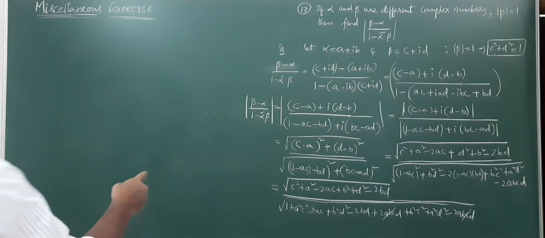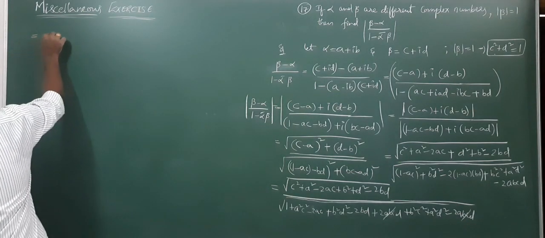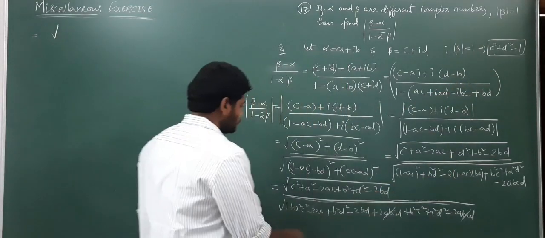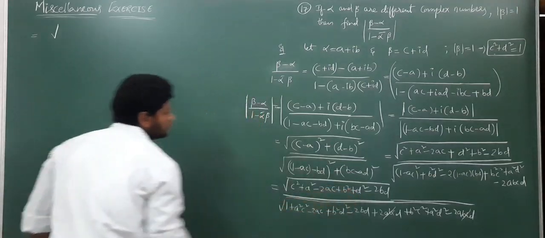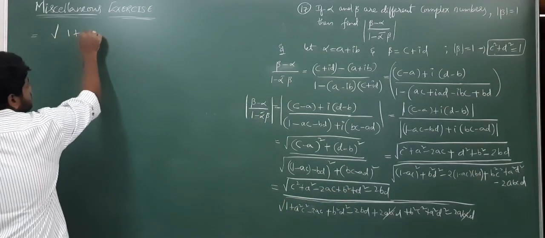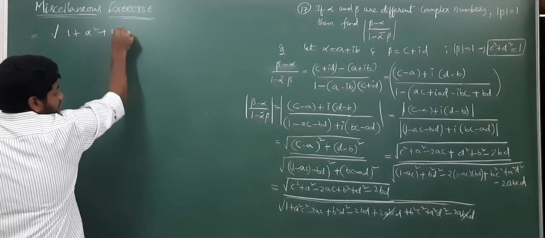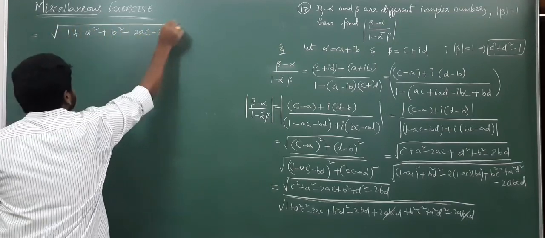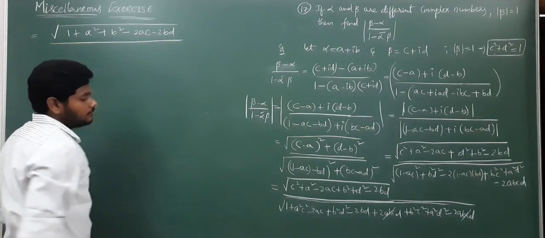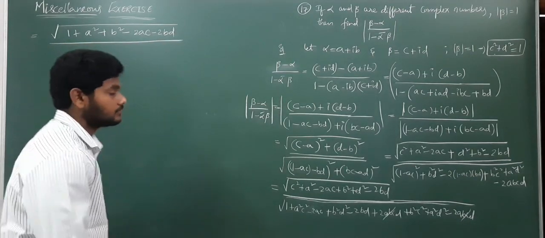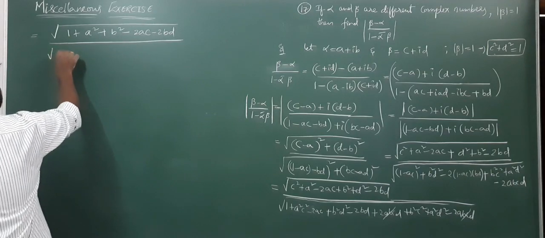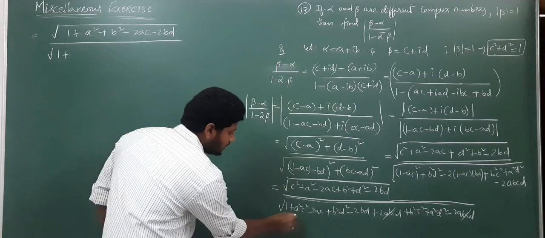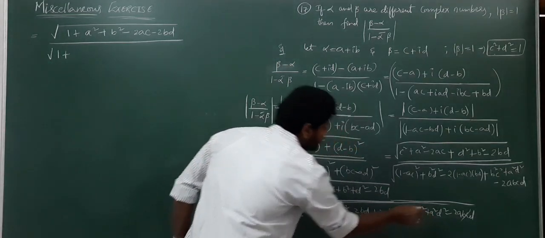Now this one, by further simplification, you see, square root of, as we know that c square plus d square is equal to 1. So here c square, here d square. So it will be equal to 1 plus a square plus b square minus 2ac minus 2bd. So that is the numerator we got finally. When it comes to the denominator, this is square root of 1 plus. See, if we take c square common, what we'll get?